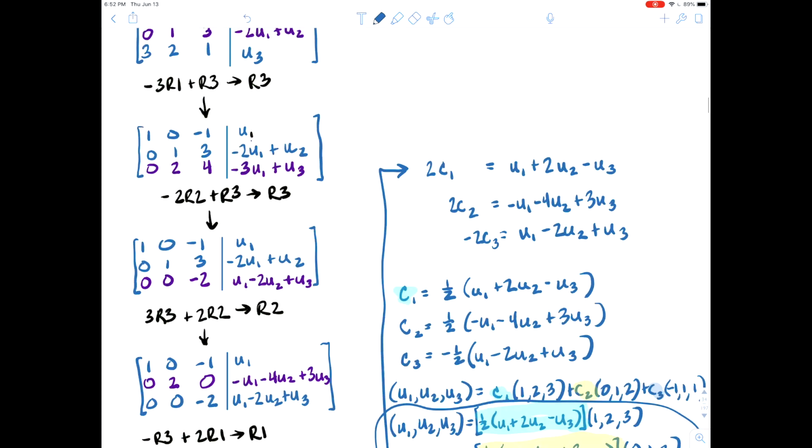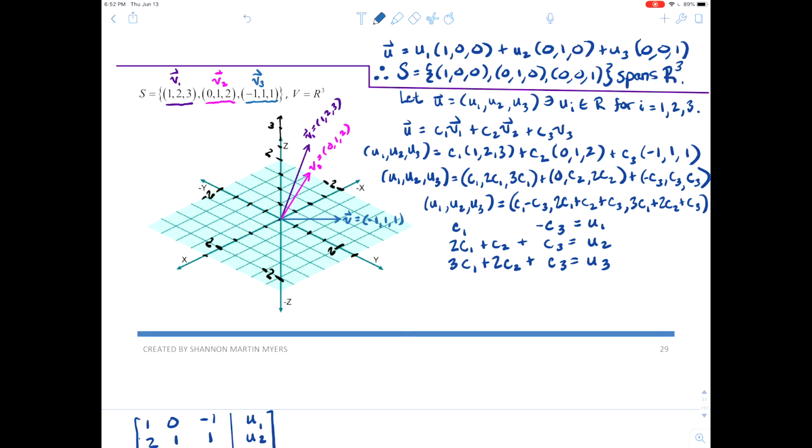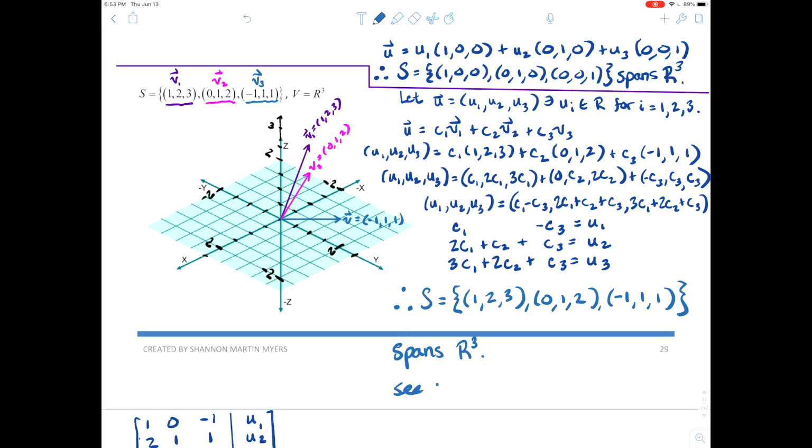Cool? So therefore, S equal to the set 1, 2, 3, 0, 1, 2, -1, 1, 1 spans R3. And then I'm going to just say see below.